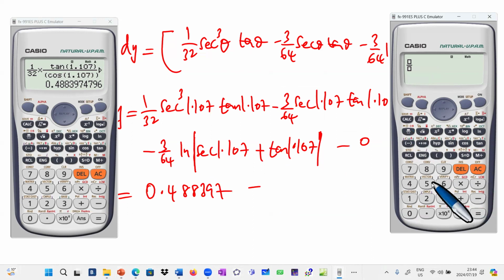This part is exactly 3 out of 64 times the ln of 1 over the cosine of 1.107, close, and then you add the tangent of 1.107, close.